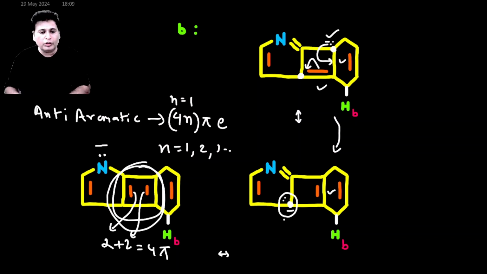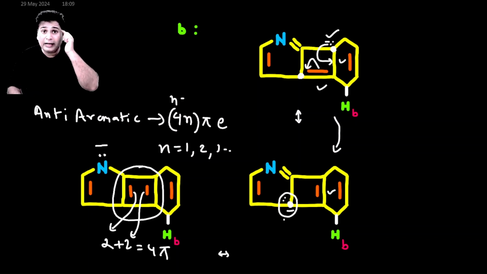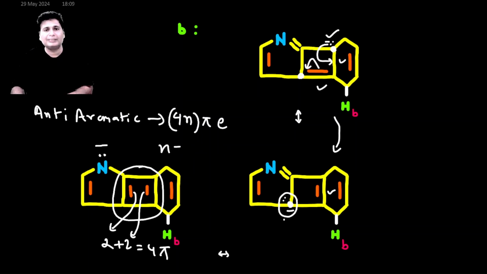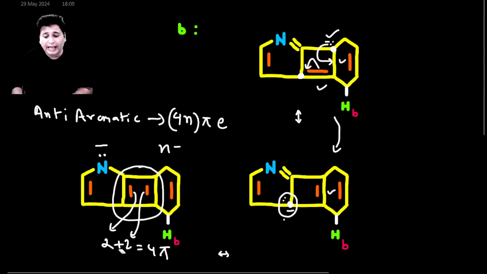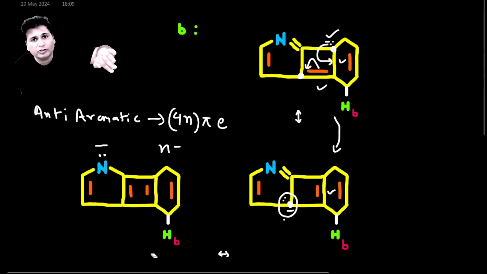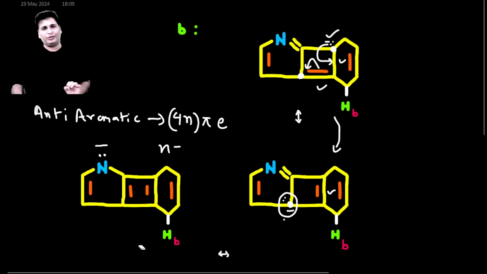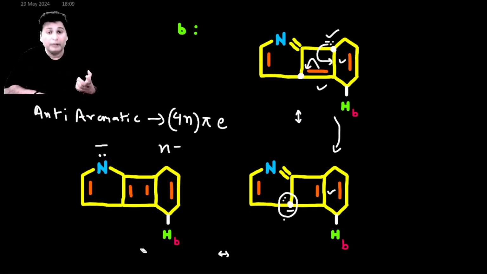So you should give it an important thought, that it is simultaneously showing an aromatic portion and an anti-aromatic portion also. So what is the lesson to be learned from this simultaneous behavior?